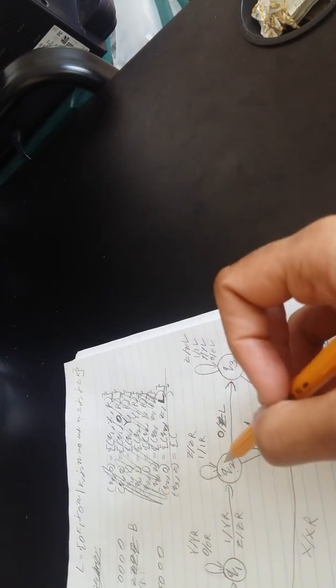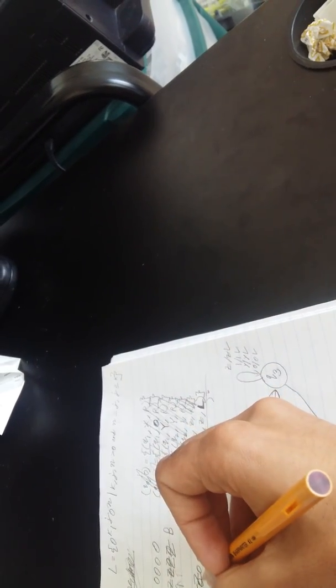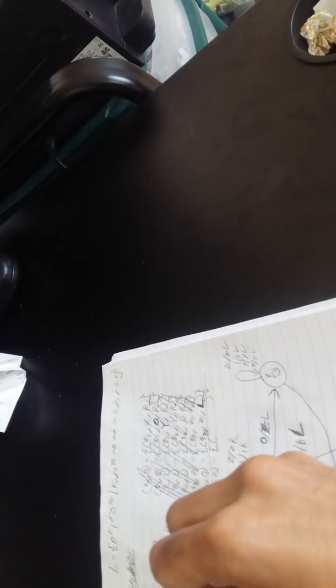Now when q2 reads a z, we move right, stay in q2. Now when it reads a 0, replace that 0 with a z, we move left right here and move to a new state.